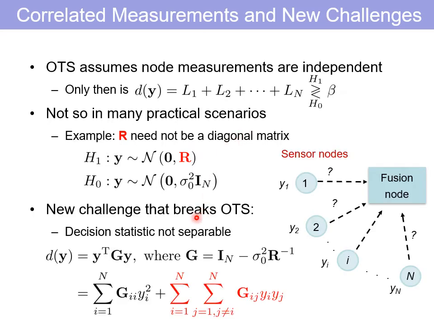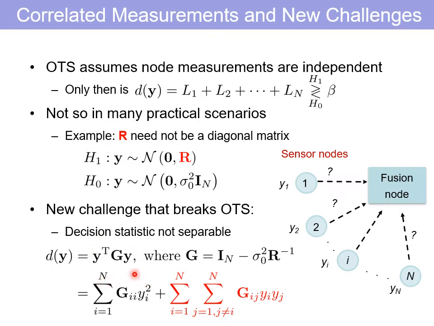If you look at the decision statistic, and I'm going to skip several steps here, you can show that it's a quadratic function of y. It turns out to be y transpose G y, where G is a matrix that depends on the covariance matrices under H1 and H0. It's like I minus R inverse, scaled. But it's basically something that can be computed.